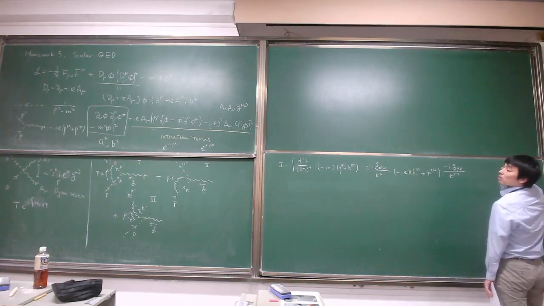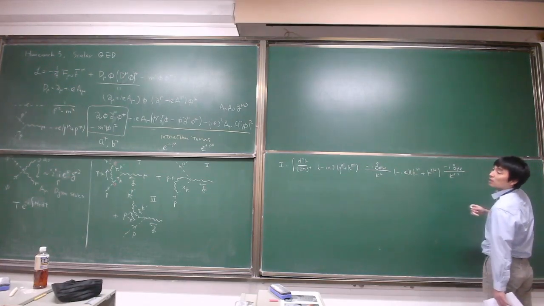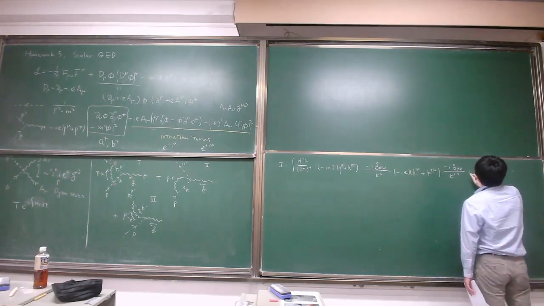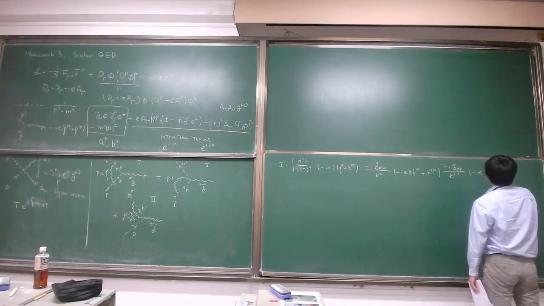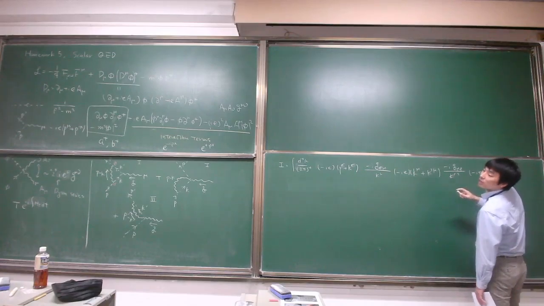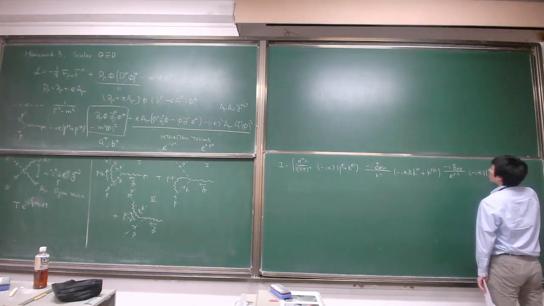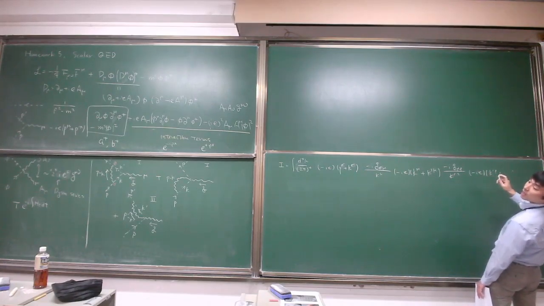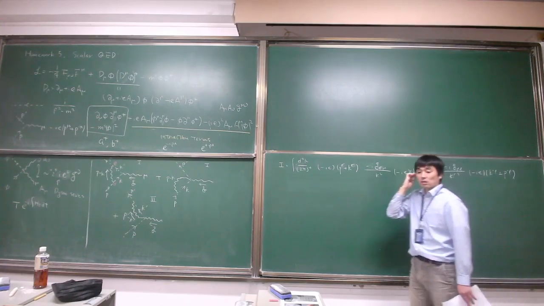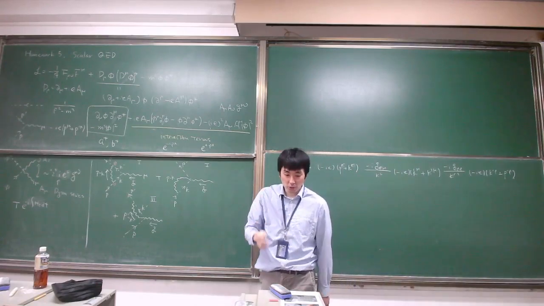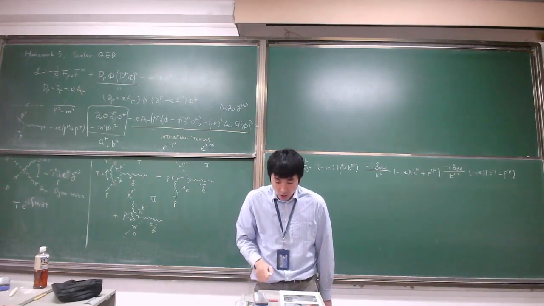And then we have minus i e times k prime rho plus p prime rho. So this is the diagram, the contribution. I hope it's okay.